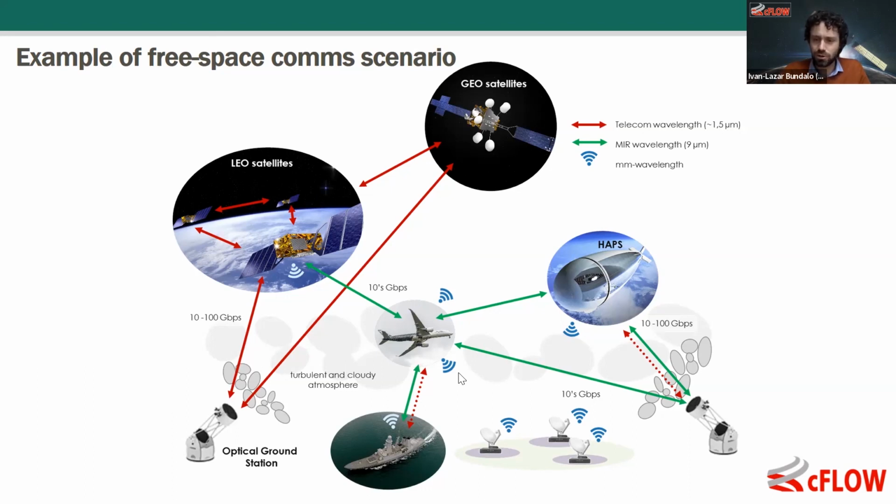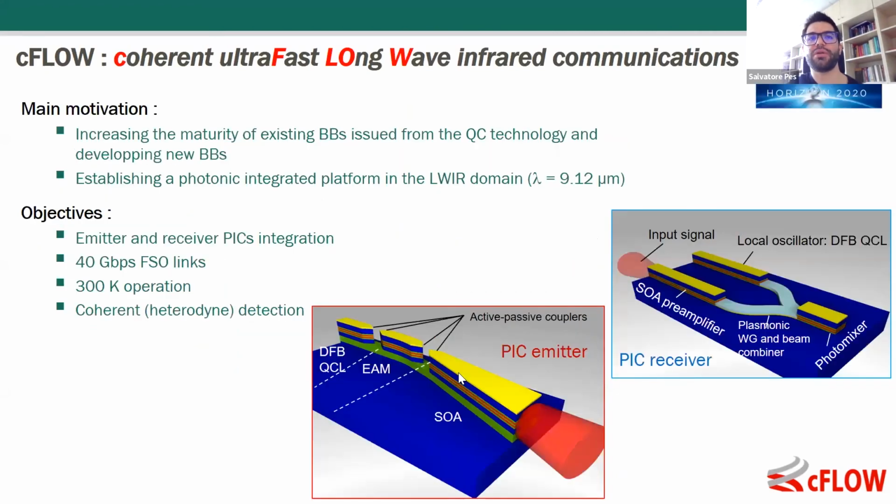Could quantum cascade technology directly benefit from technological achievements developed for other technologies, for example 1.55 micron? I think yes. If you have a look at this slide, for instance, we are using PIC, photonic integrated circuit technology, that has been developed for the case of silicon photonics or indium phosphide, so telecom-based photonics.